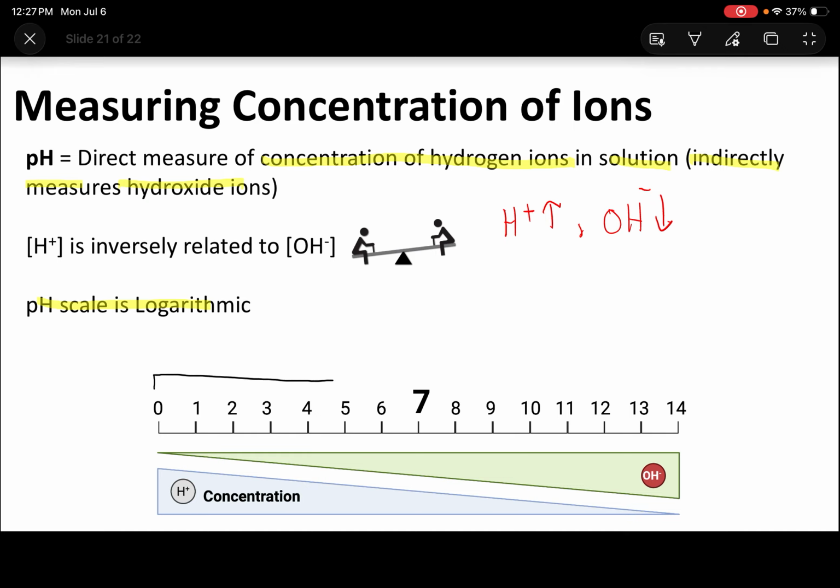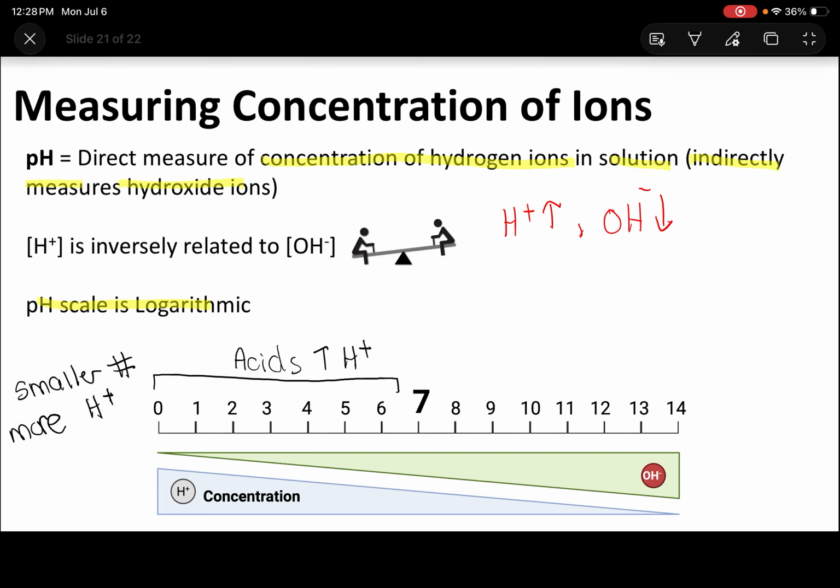Let's first look at this first piece, 0 to 7. We call these our acids. Remember, acids increase hydrogen ions. The smaller the number, the more hydrogen ions something has.